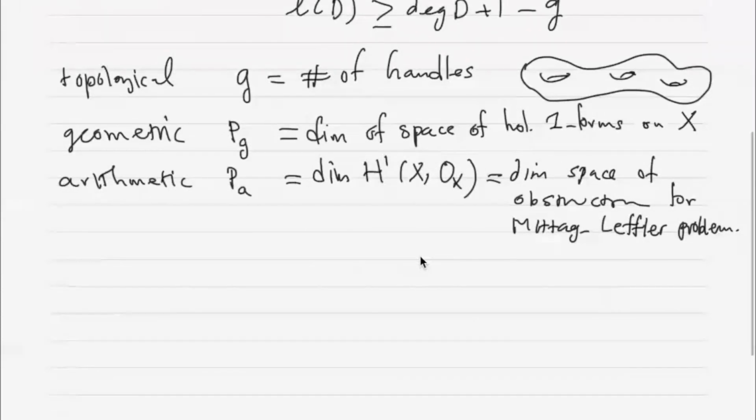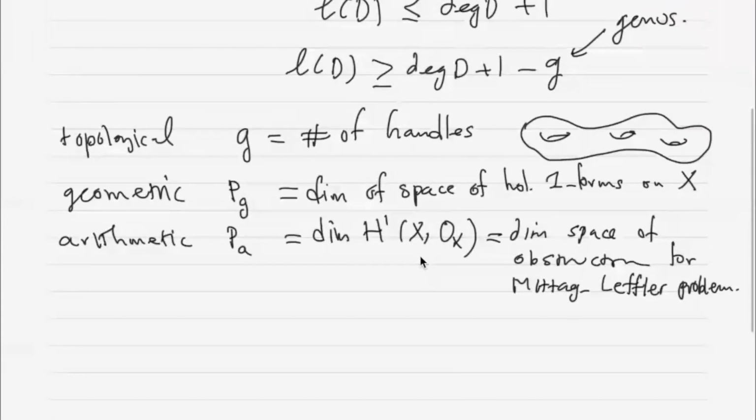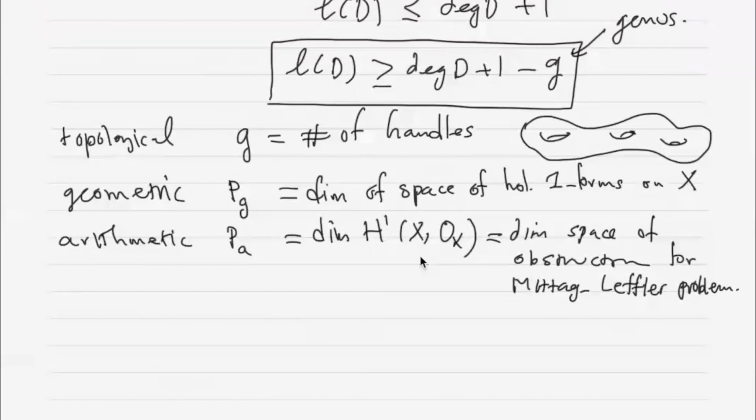I want to tell you a very naive way that Riemann actually arrived at this inequality. And I want to give the intuition behind the reason that the genus appears in the dimension of the space L(D).